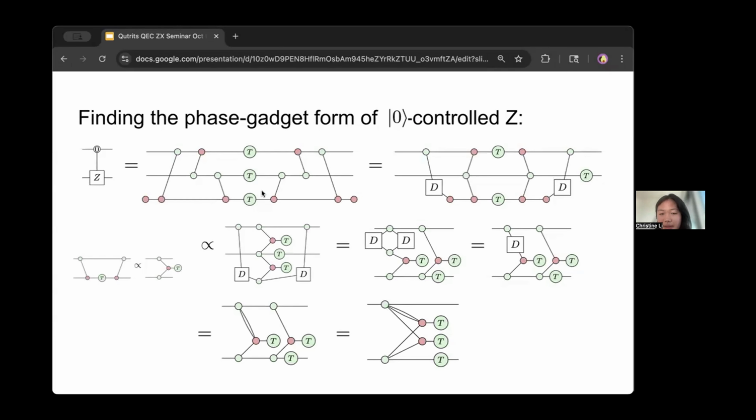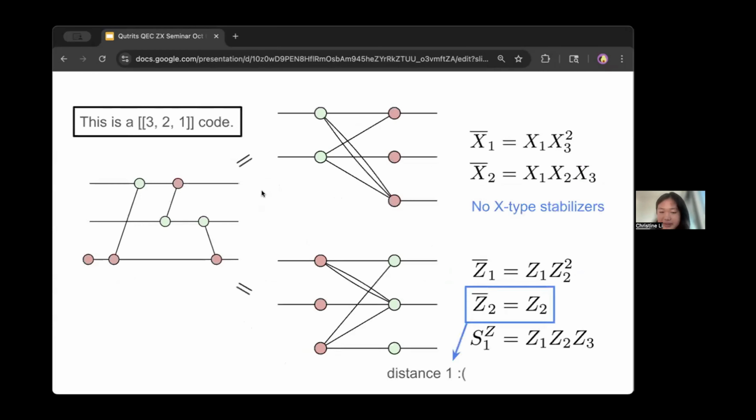And then we can get the XZ or the ZX normal forms, which gives us a way to directly read off the stabilizers based on the connectivity of the map. And we'll see that this has an overall distance one because one of the Z stabilizers has weight 1.